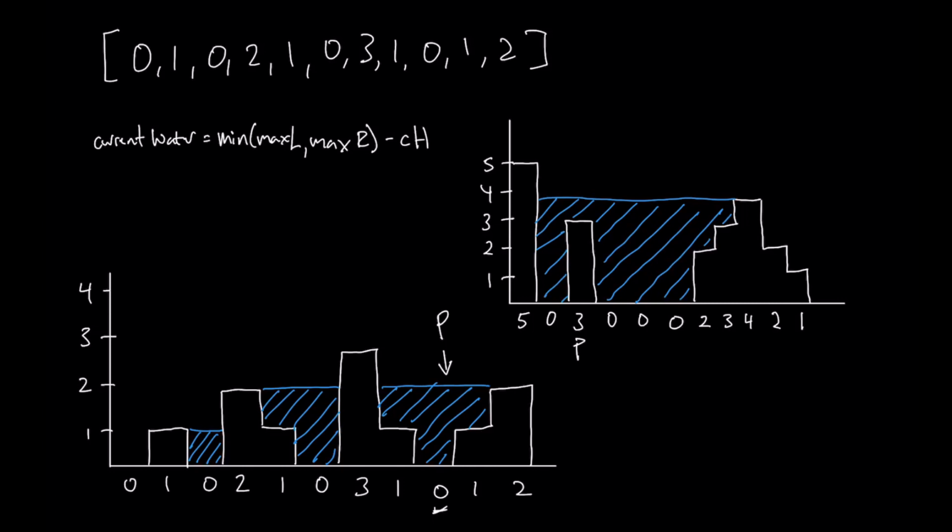So that's what CH is. CH stands for current height. And just like that, we now have a general formula to calculate the water at any element in the array.